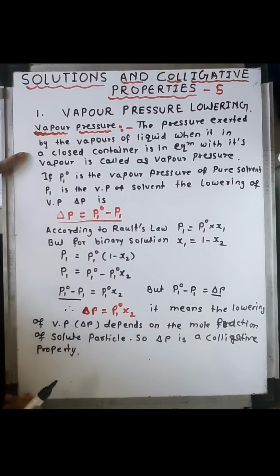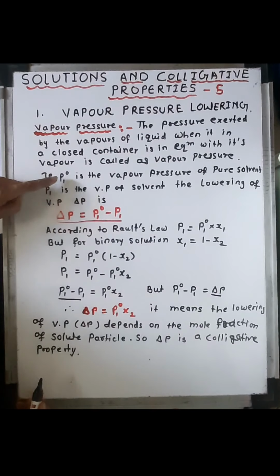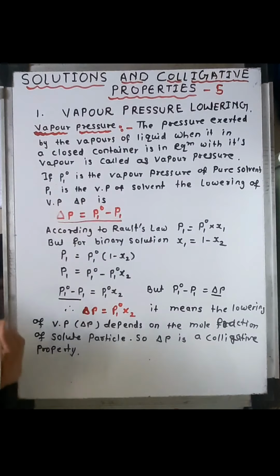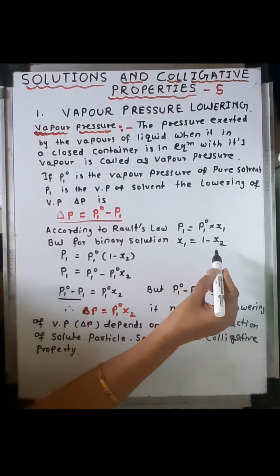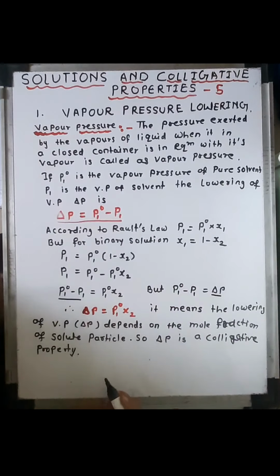So vapor pressure is the pressure exerted by the vapors of liquid when it is in an enclosed container and in equilibrium. If P1^0 is the vapor pressure of pure solvent and P1 is the vapor pressure of that solvent in the solution, then lowering of vapor pressure is denoted as delta P, and it equals P1^0 minus P1. But according to Raoult's law, P1 equals P1^0 into X1. For a binary solution, X1 equals 1 minus X2, and P1 equals P1^0 into (1 minus X2).